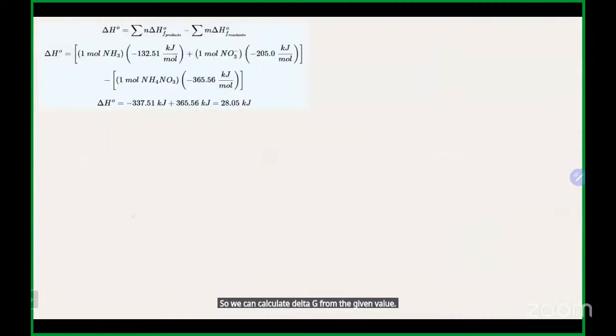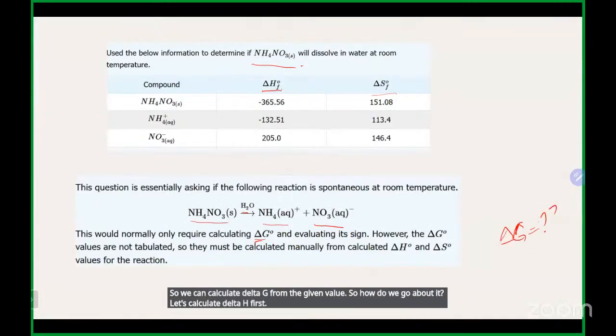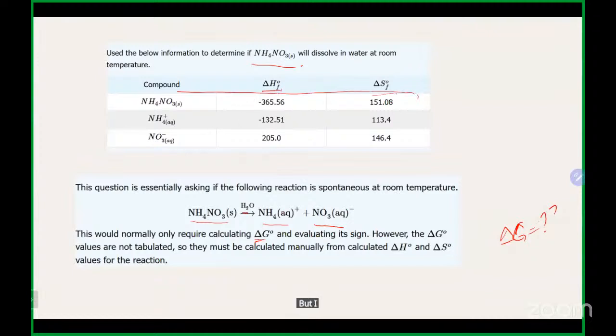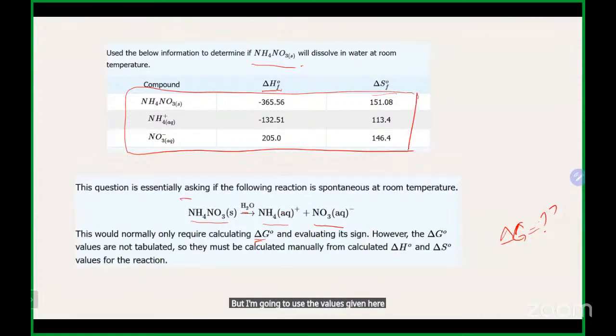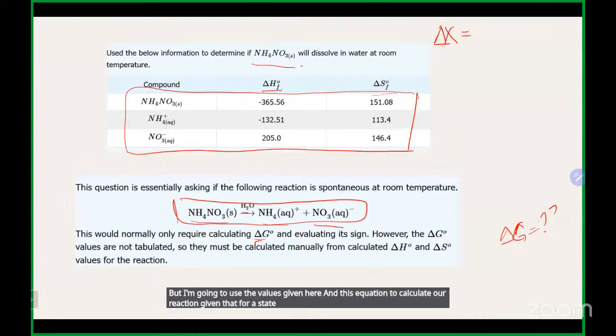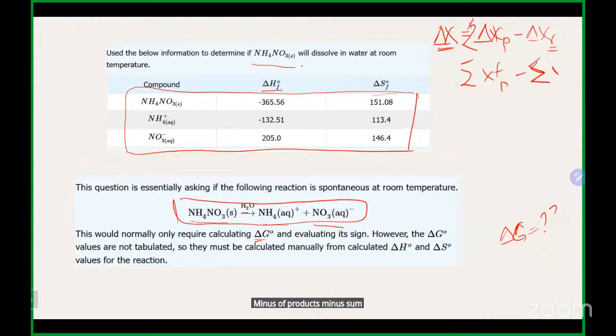So how do we go about it? Let's calculate delta H first. I'm going to use the values given here and this equation to calculate for our reaction, given that for a state function X, the change for a reaction is the sum of delta X of formation of products minus the sum of delta X of formation of reactants. So put that at the back of your mind while we solve.